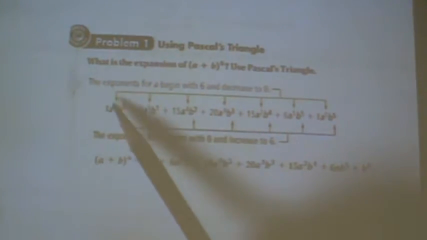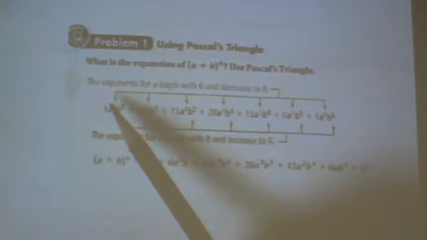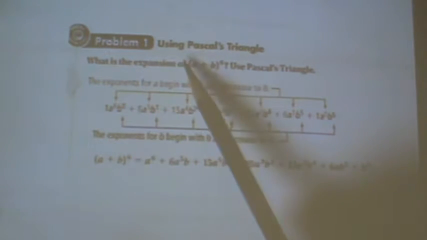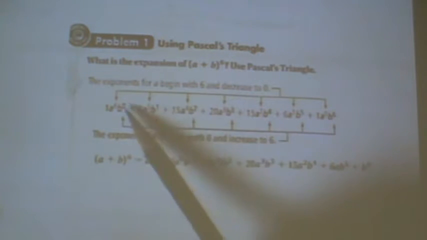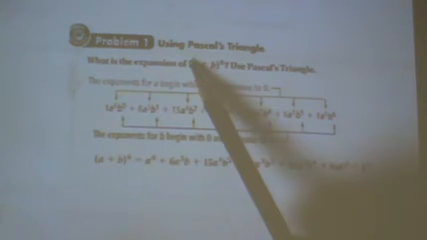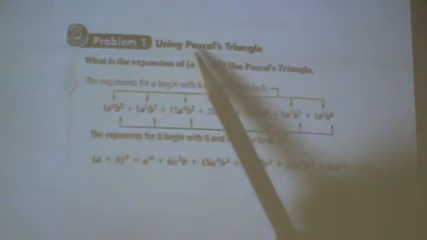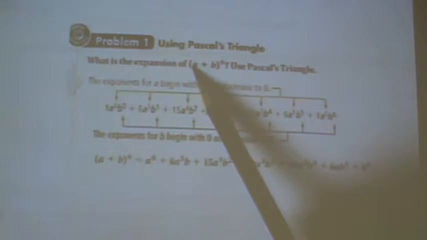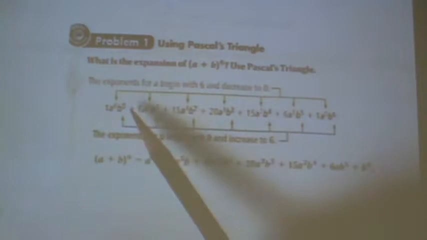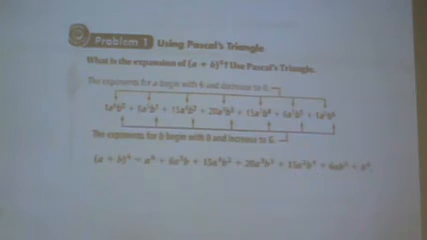Now we need to talk about what happens to the variables, or your different terms in the binomial. Your first term in the binomial is going to start out with whatever power you're going to. So in this case, we have a, and it's going to be going to the 6th. So we have a to the 6th.